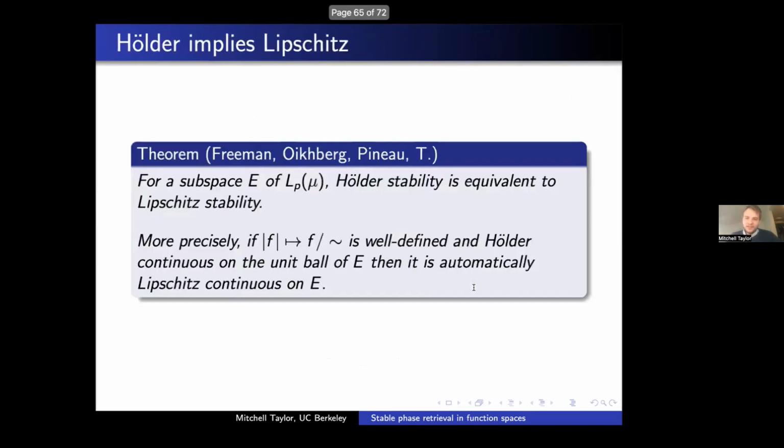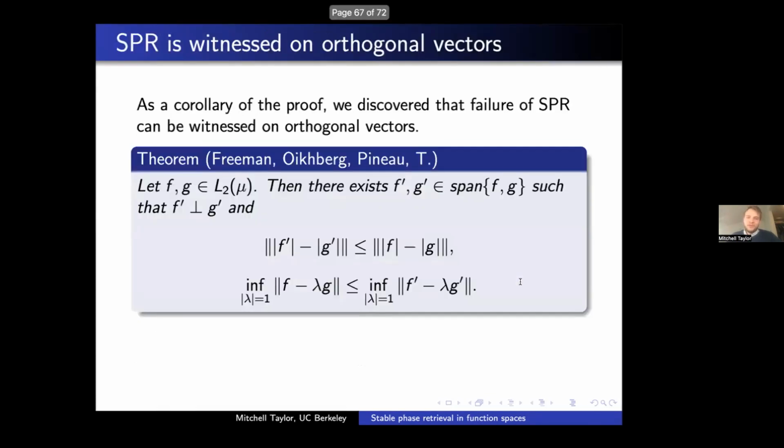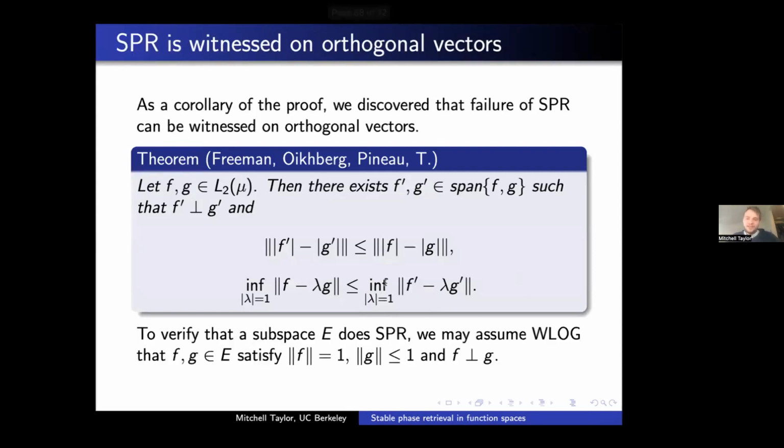That's why I have this scaling factor here that pops up. It scales everything to the ball. And Holder and Lipschitz are different near zero, but I don't have to care about that because I can always assume that the left-hand side of my phase retrieval inequality is uniformly away from zero.